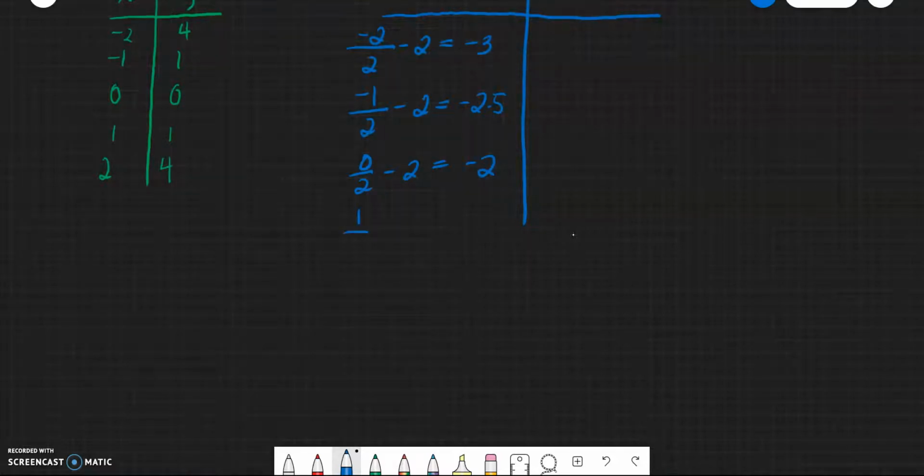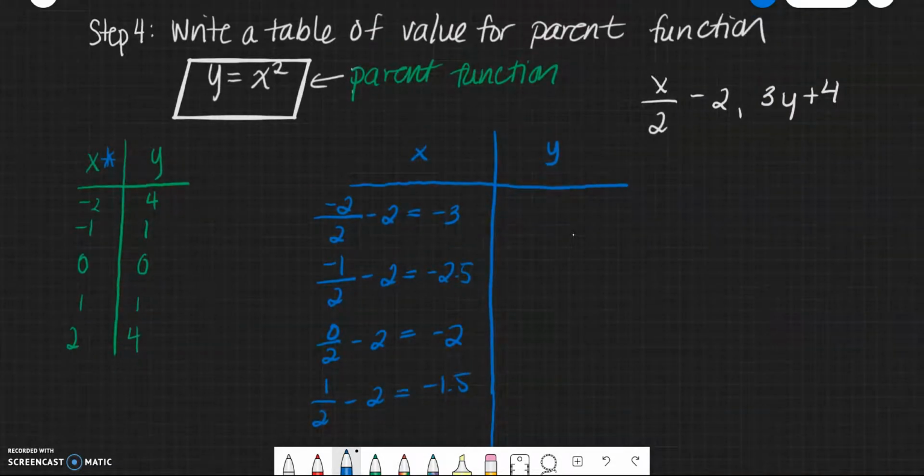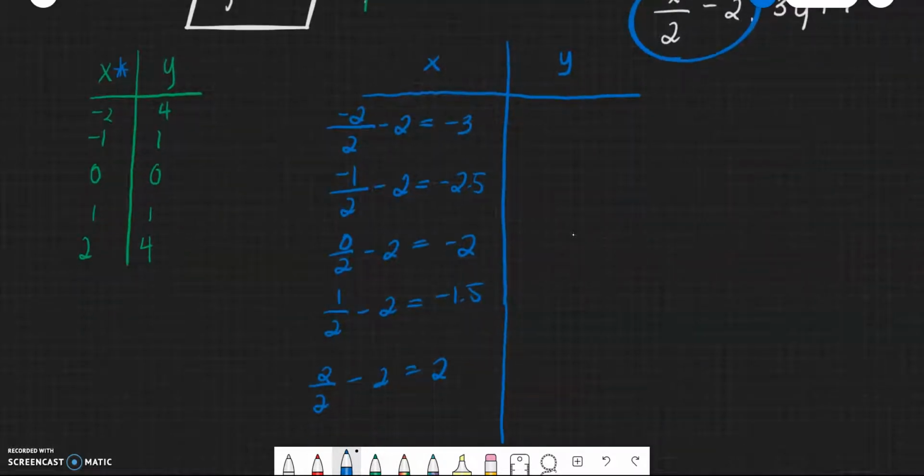Then 1 divided by 2 minus 2 is equal to negative 1.5. And last but not least, 2 over 2 minus 2 equals negative 1. I'm just taking these numbers from this portion of the mapping rule, x over 2 minus 2, and replacing all the x's with the x's over there.